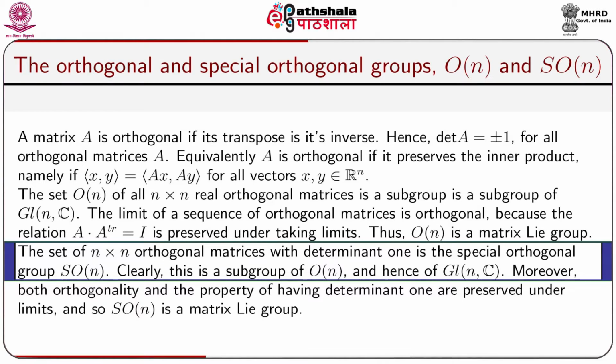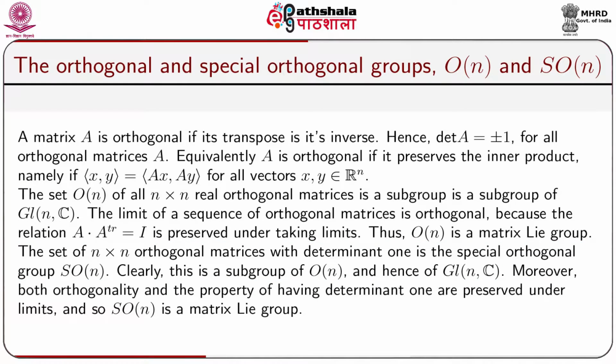The set of n by n orthogonal matrices with determinant 1 is the special orthogonal group, which will be denoted by SO(n). Clearly, this is a subgroup of O(n) and hence a subgroup of GL(n, C).